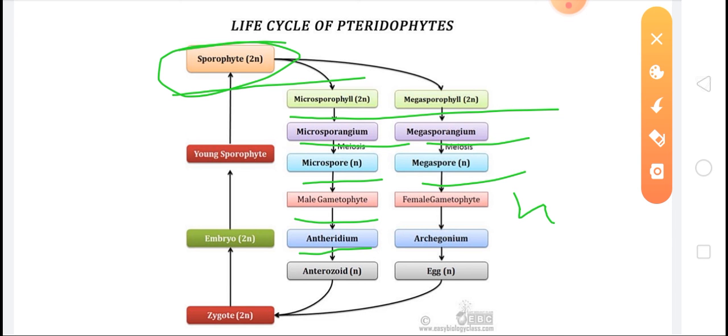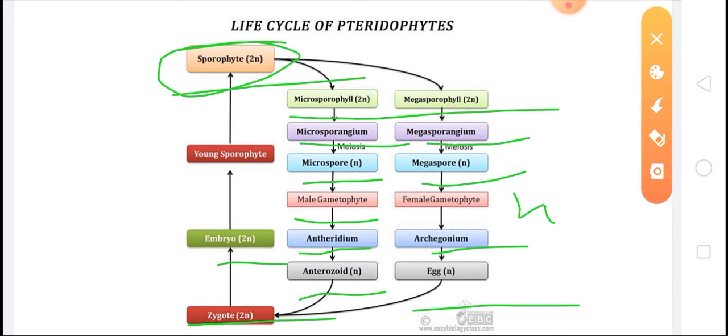The antherozoid and egg fuse together and form a zygote. The antherozoid is haploid n, and the egg is also haploid n, so both fuse together to form a diploid 2n zygote. Then the zygote develops into an embryo, the embryo converts into a young sporophyte, then the sporophyte. So this is the life cycle of pteridophytes.